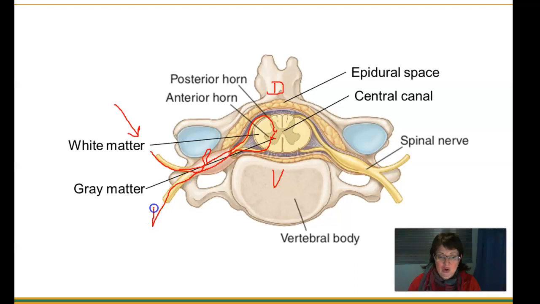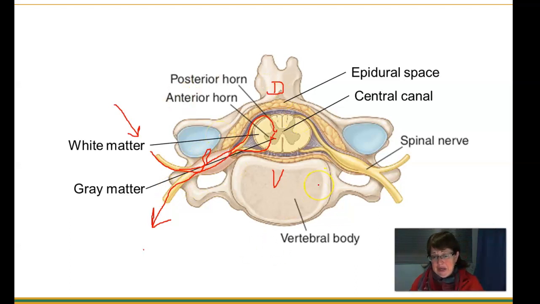And the motor neuron takes the information away from the spinal cord or away from the central nervous system. The motor neuron has very long dendrites, short dendrites and a large axon, and the cell body is more lined up with the neuron, so it's not in the ganglion.